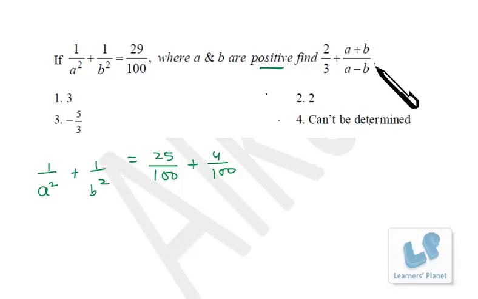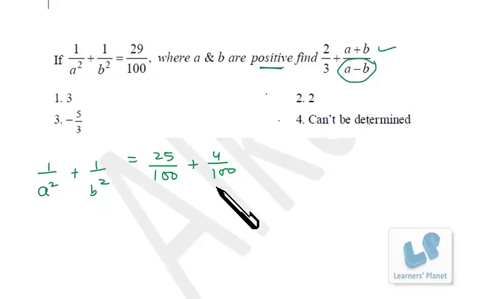But over here, in the numerator it really doesn't make a difference because both the variables are being added. But in the denominator, a minus b is there, right? That means we have to find out the difference of a and b. Now this difference may be positive, may be negative, right? See, 1 upon a is 5 by 10, so a may be 2, and if 1 upon a is 2 by 10, then a may be 5.